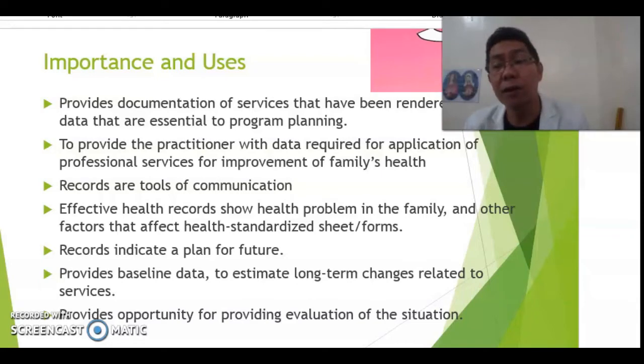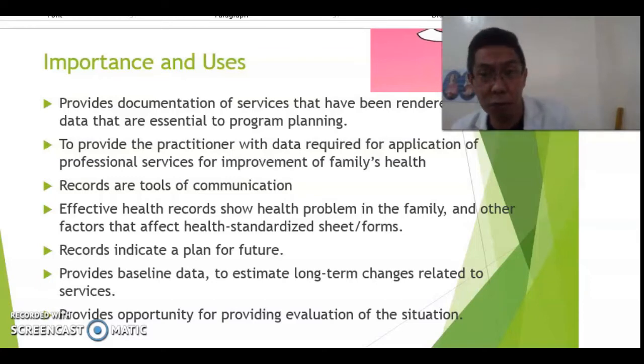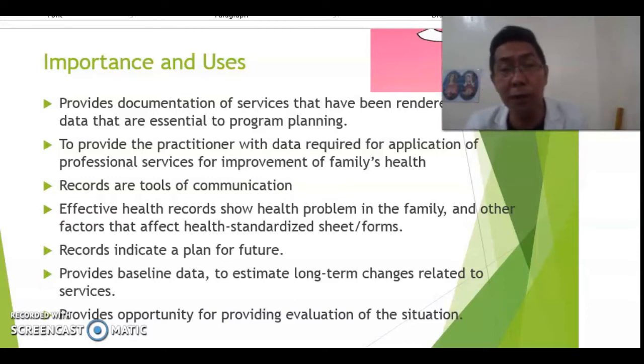So the health records will show the health problems in the family and other factors that have something to do with their problems. That will also indicate a plan for the future because we are going to plan using these records. So we can plan what we're going to do next, and eventually come up with another program for them.